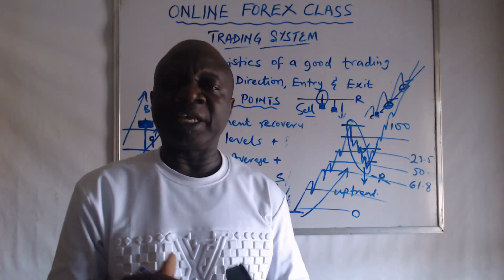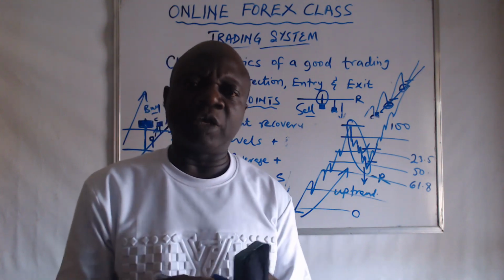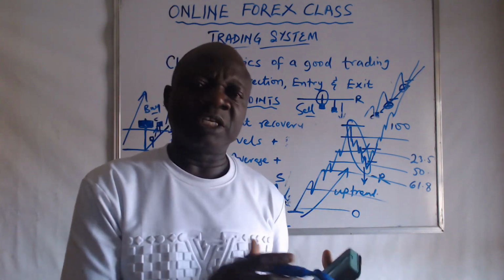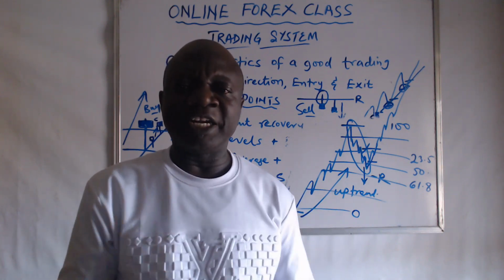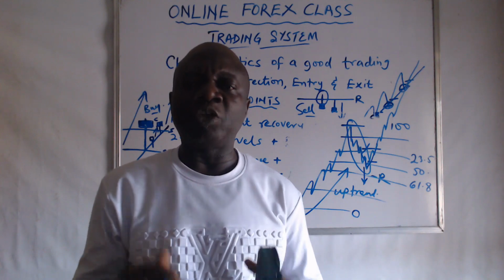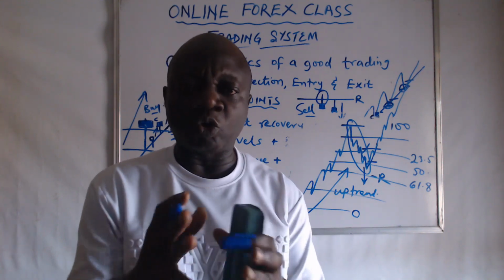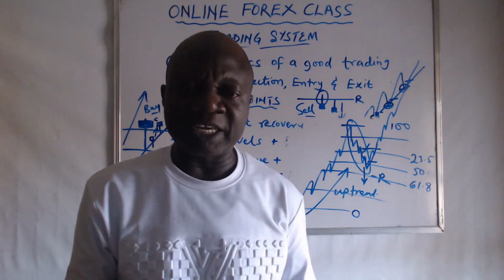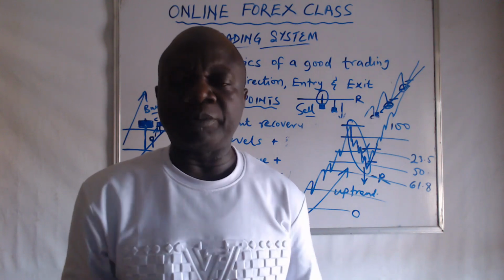Even if you get to exit, we still come back to entry and join them together, just like we did today with the direction and the trend, because they all work together. So when you get the direction right and you pick your entry point right, then the next concern is how to exit the market without losing what you had already gotten from the market.